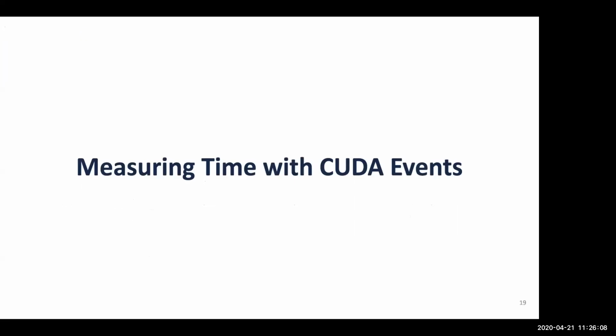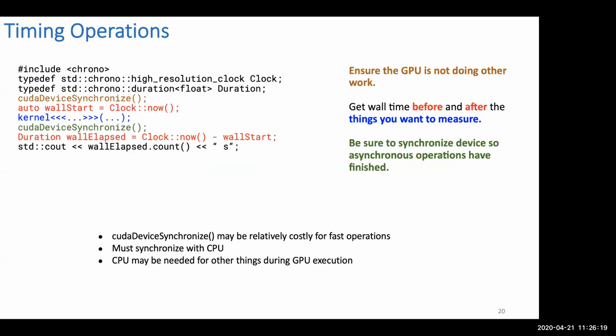So now we can just jump right into starting to understand how to measure the performance of this CUDA code. The most common way that people do it, and maybe the way that you did it if you took 408, was you probably used the wall time on the CPU and cudaDeviceSynchronize to measure the time of CUDA operations.